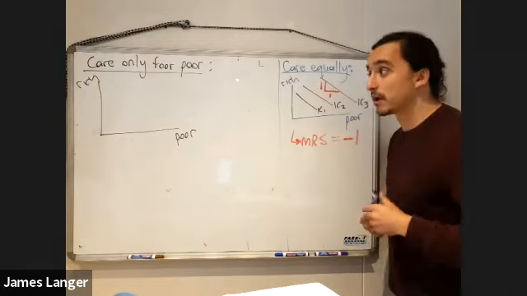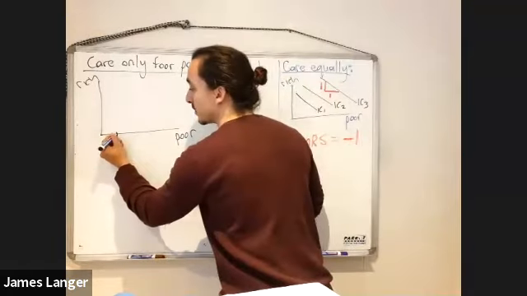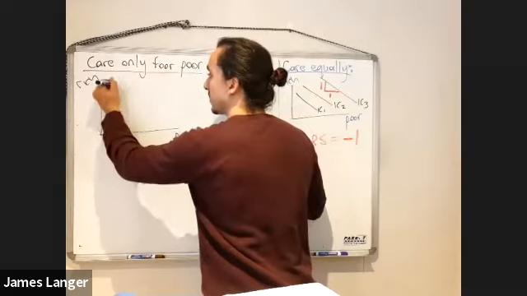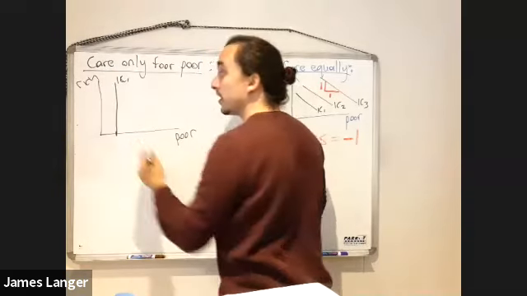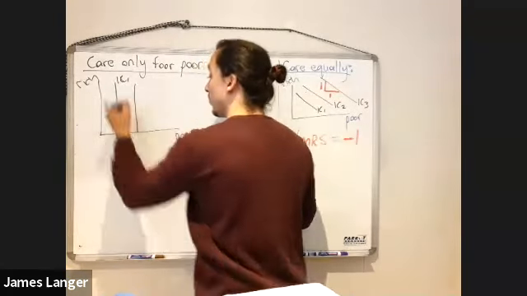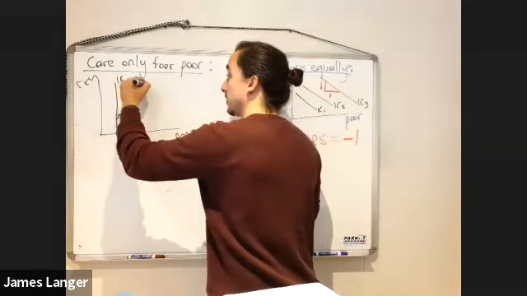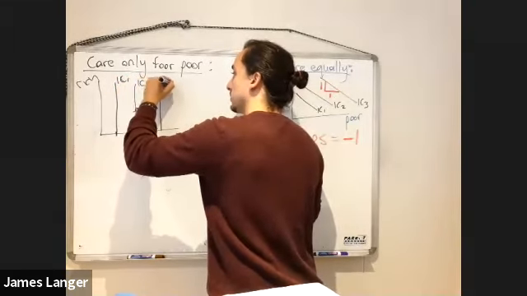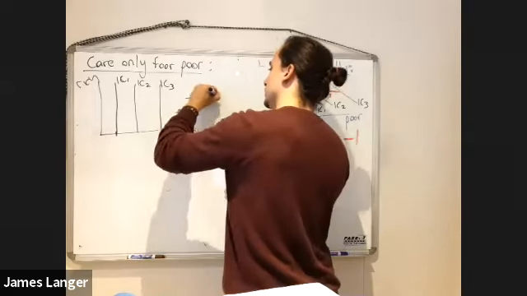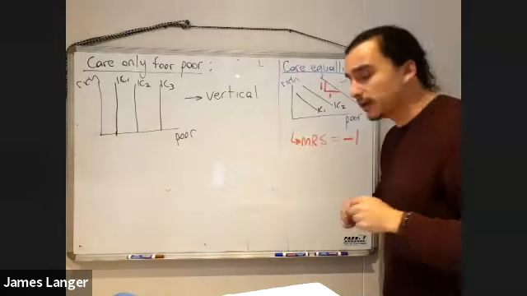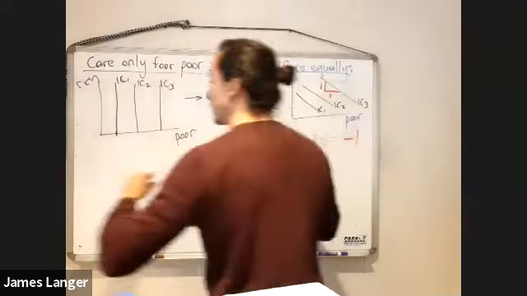So I don't care about the rich. If the poor have this much income, then that's all I care about. And that's going to be my first indifference curve. The only way I can get to another indifference curve is if the poor get more money, and so on and so forth. So it is vertical.